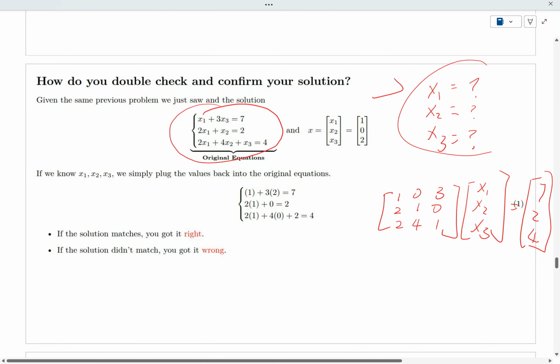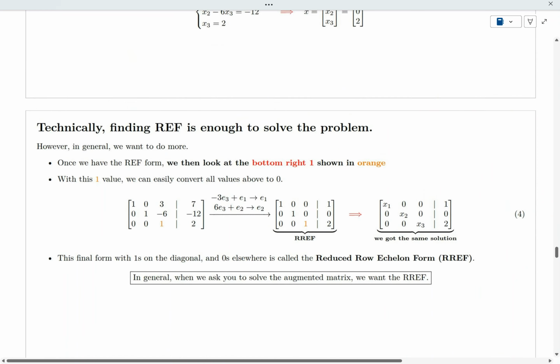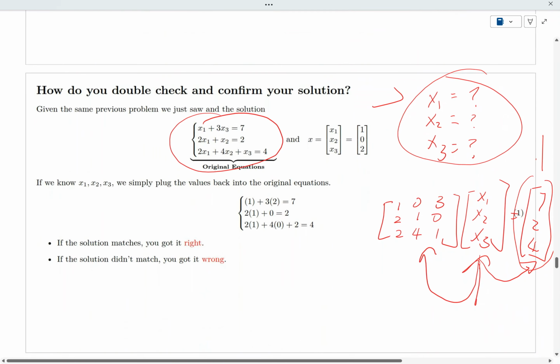So if you found the solution, it implies that you know x1, x2, x3. You can double check if they're correct, because if you multiply this vector, which you found, by this matrix, you should be able to get this vector here. And if they match, it means you did it correctly. If they don't match, it means you did it wrong.